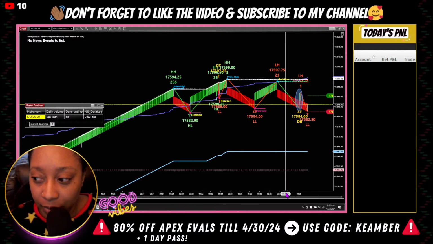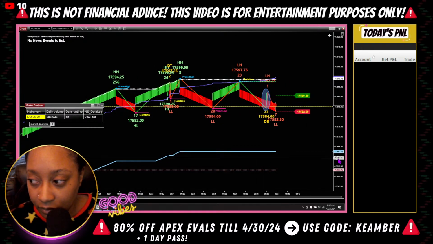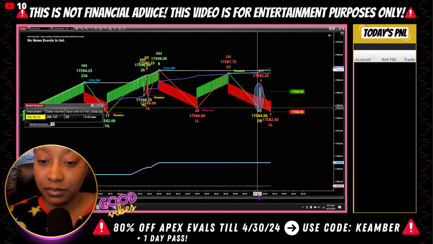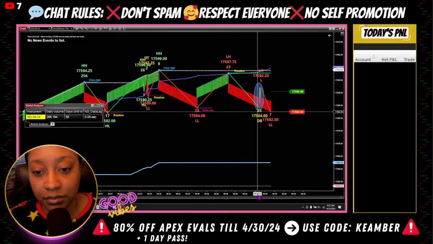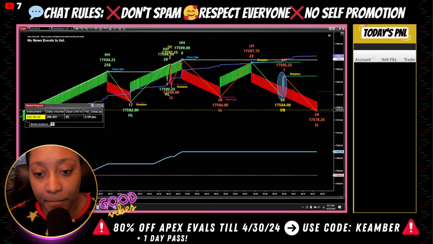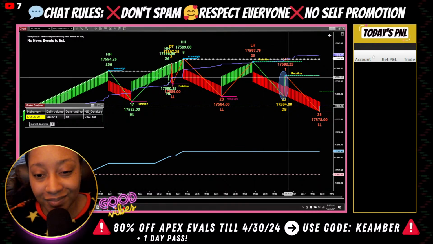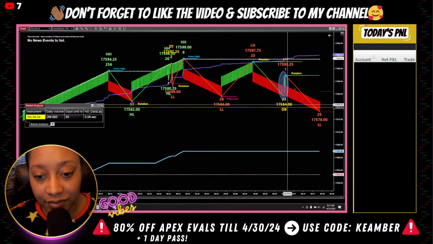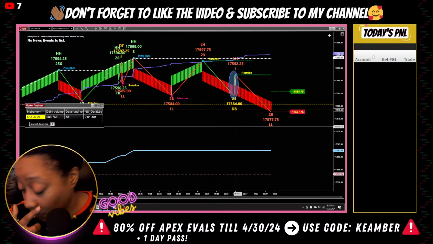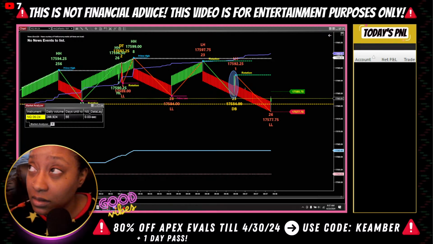Just highlighting the 1 bar pullback. I really thought I was gonna have a whole heap of trades today with the 2 news events.